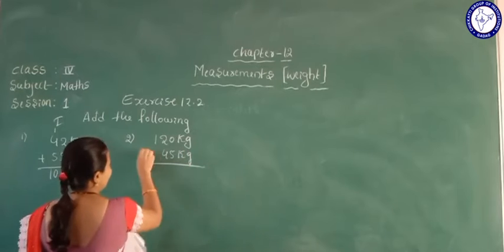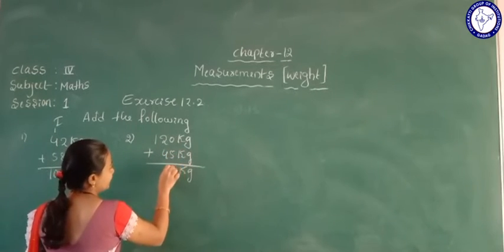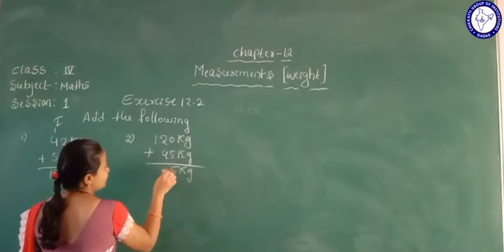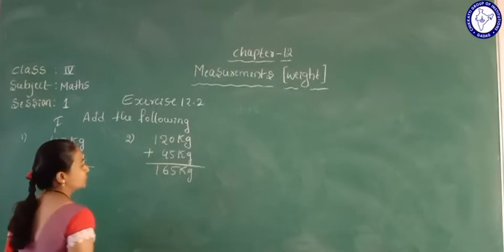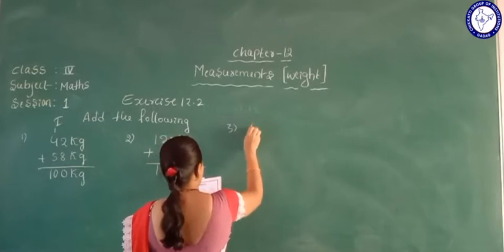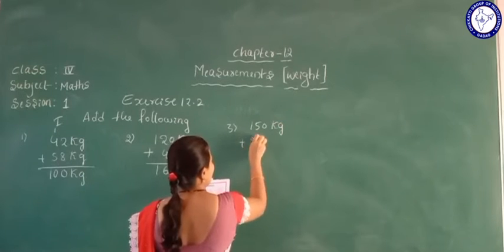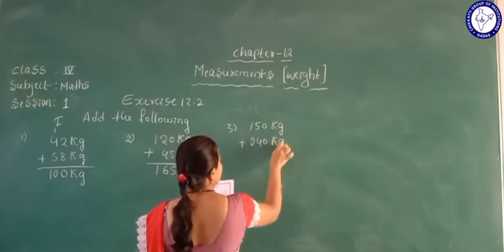Yes, we'll add now. 0 plus 5, 5. 4 plus 2 is 6. 1. Total 165 kg.